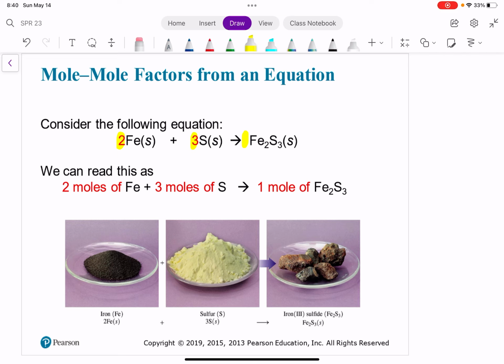Looking at these coefficients in front of our species, we can see that we have 2 moles of iron reacting with 3 moles of sulfur to give 1 mole of iron 3 sulfide. Those numbers all came from the coefficients in front of our different reactants and products.